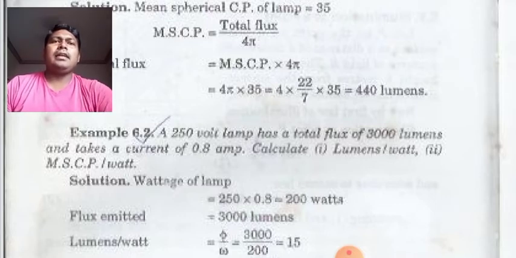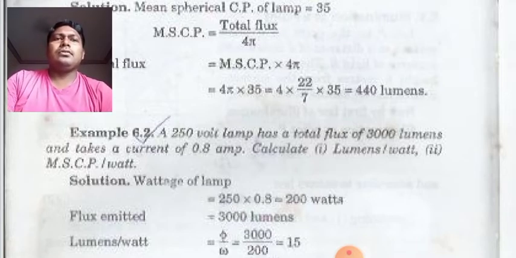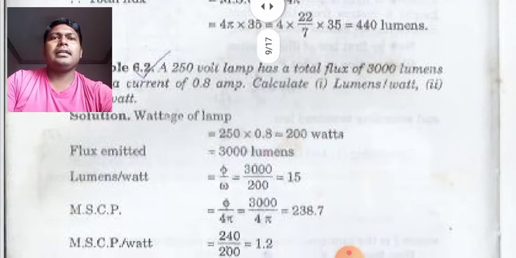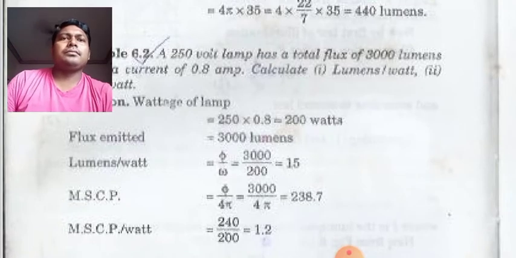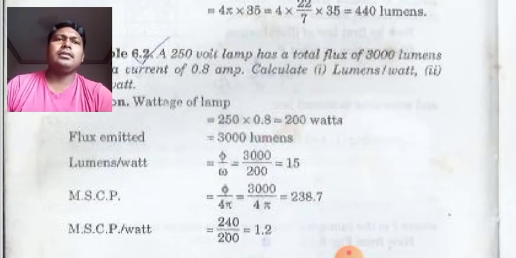So the wattage of the lamp is equal to 250 into 0.8, which is 200 watts. The flux emitted is 3000 lumens. These things are already given in the question, and from there only this data can be found out. Now lumens per watt is equal to phi divided by omega, that is 3000 divided by 200, which is 15.